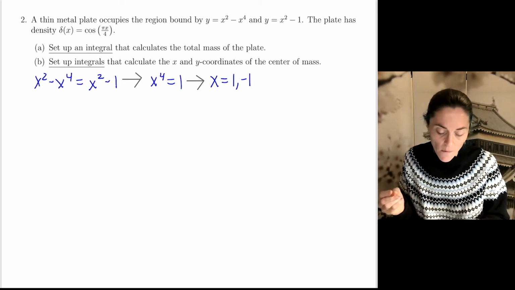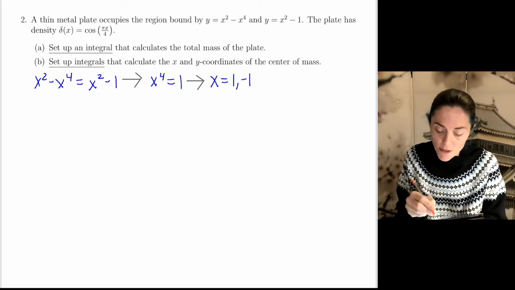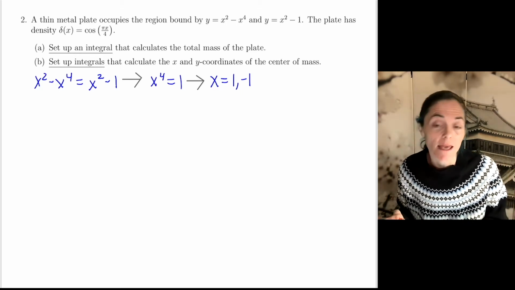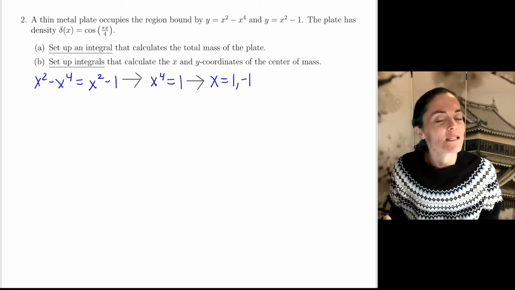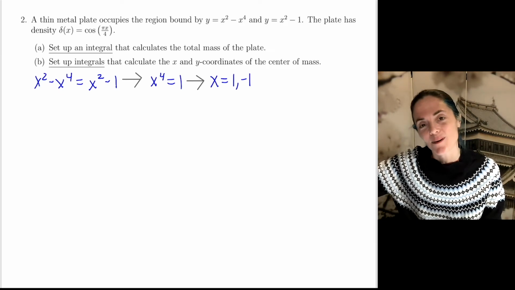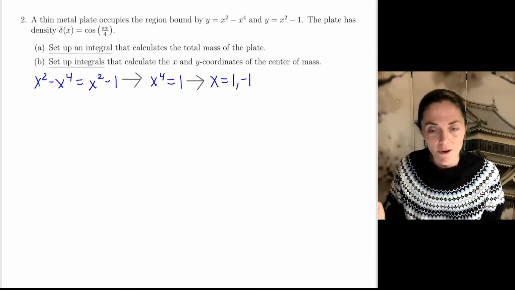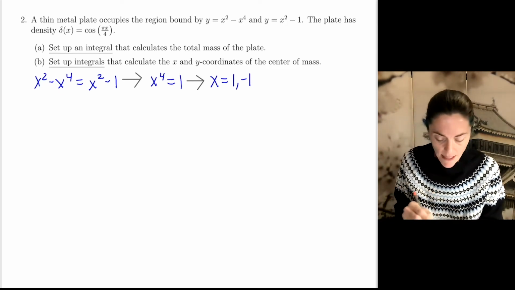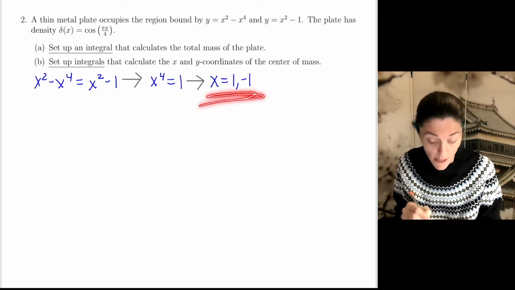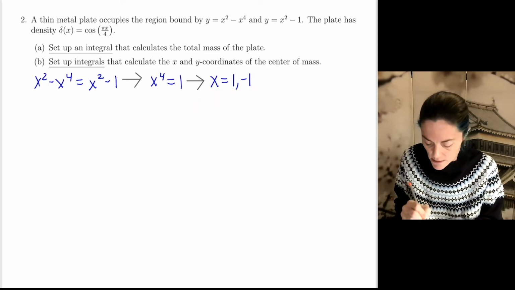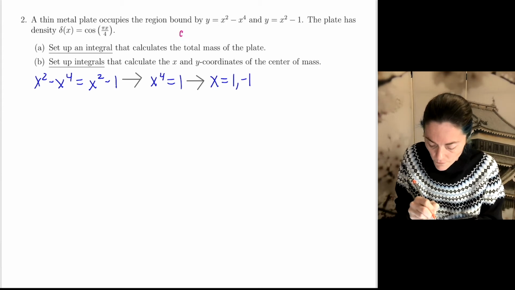Okay, now, you can certainly graph the region in your graphing calculator, but what we really need to know is which function is the upper and which function is the lower. And you can do that by, say, evaluating at something in the middle here. So for instance, at 0, what do we have?